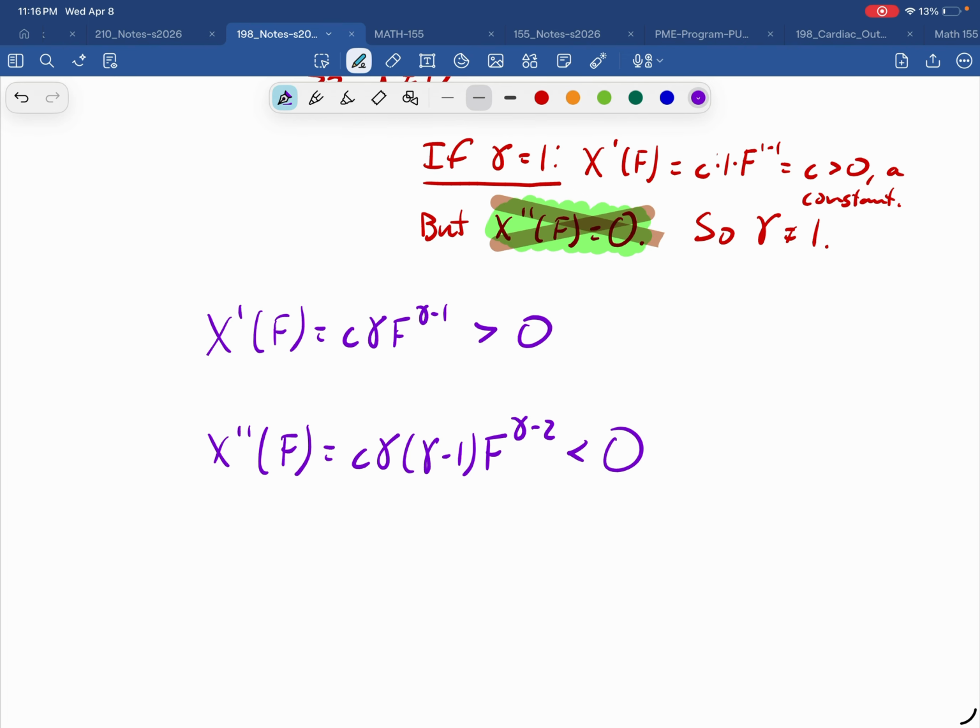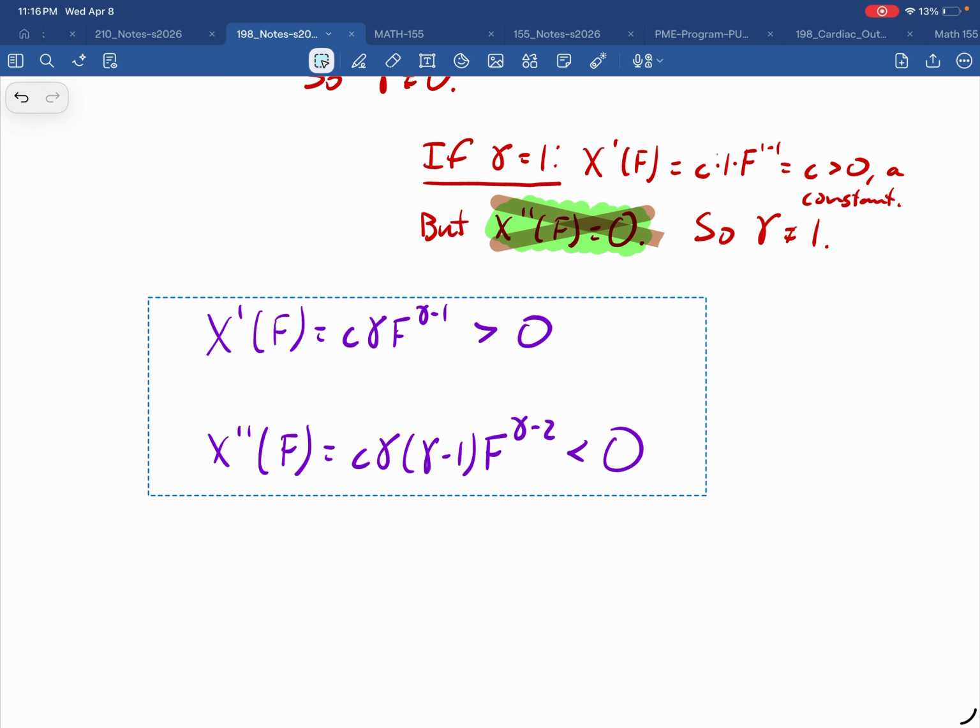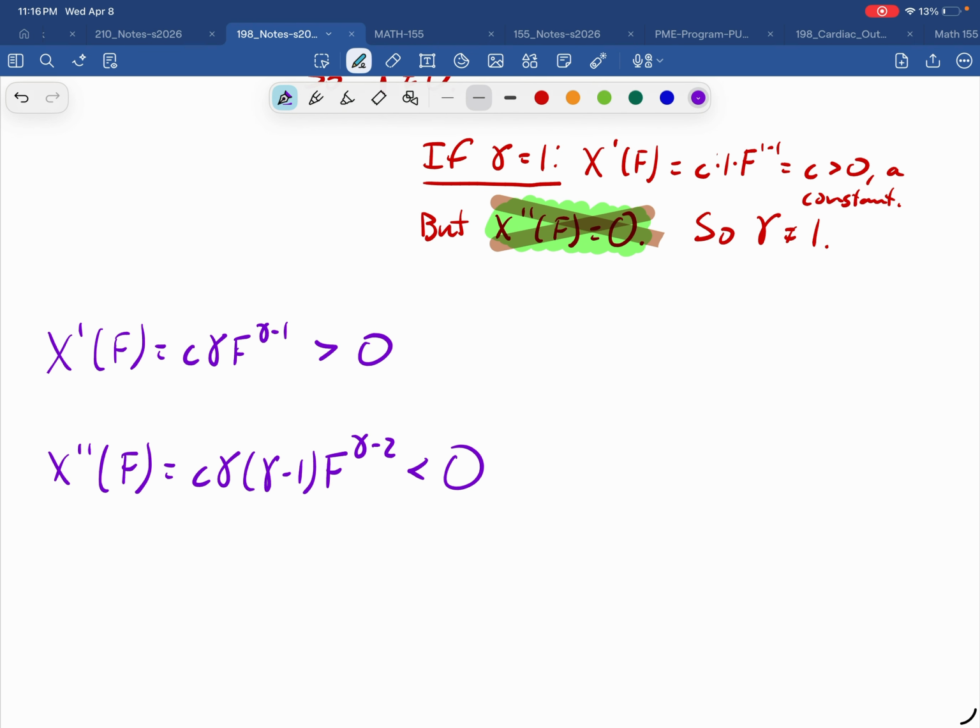Well, let's make a couple of observations. Maybe I'll move this over to the left here. So, observation number 1 is that C and F are greater than 0, right?